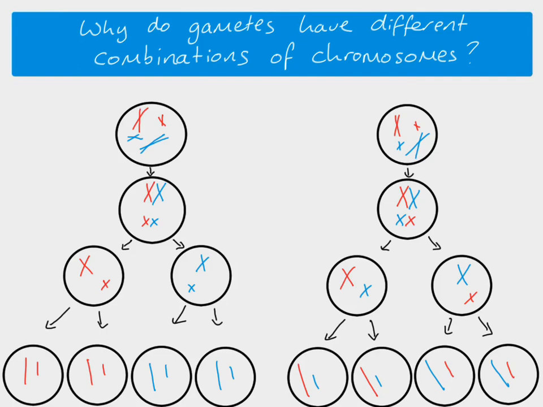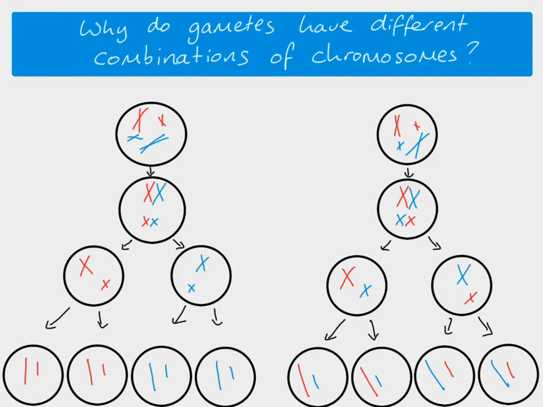So if you think about the possible combinations, where each pair could line up like this or like this, it leads to an incredibly large possible variation in the combinations of chromosomes that you get in the gametes. It's absolutely enormous.